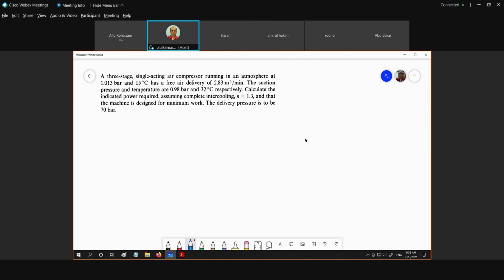Calculate the indicated power required assuming complete intercooling, n equal to 1.3, and that the machine is designed for minimum work. The delivery pressure is to be 70 bar.